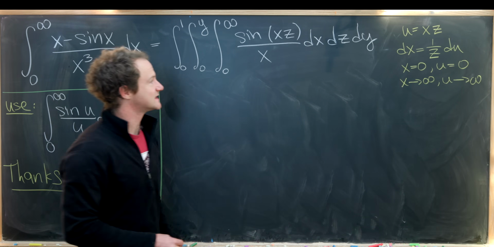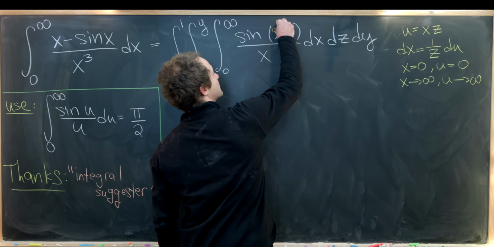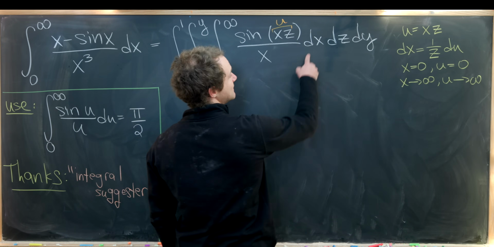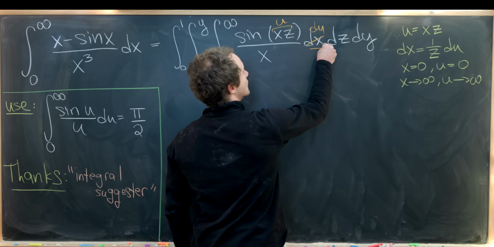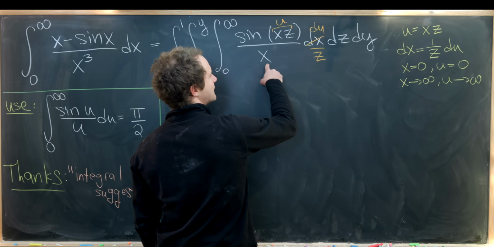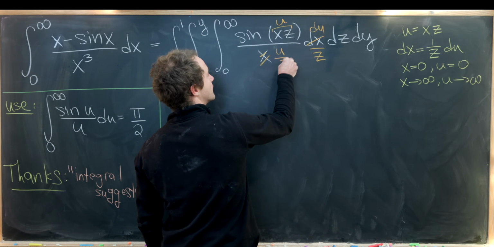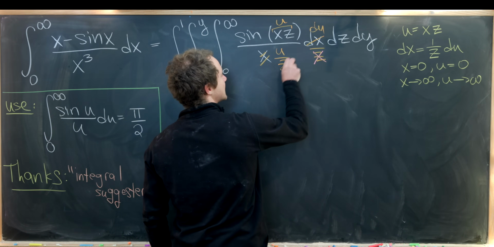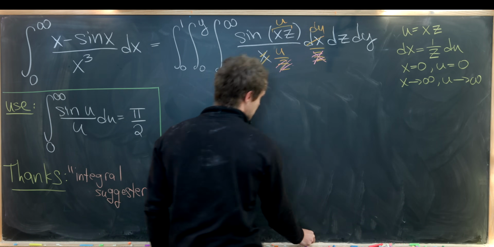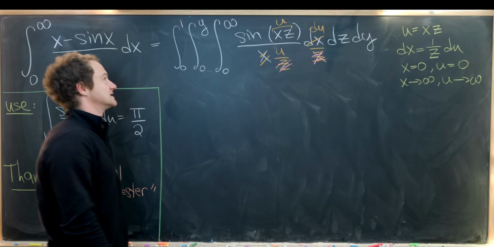Okay, so let's see what these things look like within the integral. So here this xz is being replaced with u. Then this dx is being replaced with du over z. Then furthermore, this x can be replaced with u over z. But notice that this z here can cancel with this z here. So that's pretty nice because now we don't have any z's or x's left.